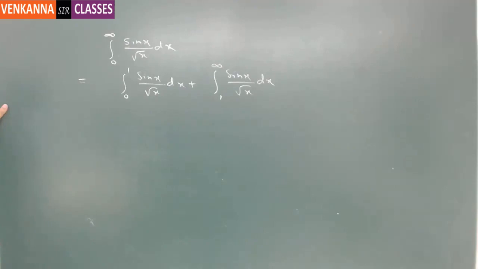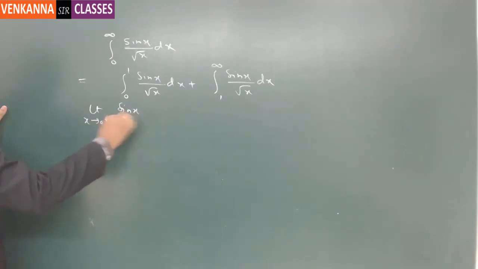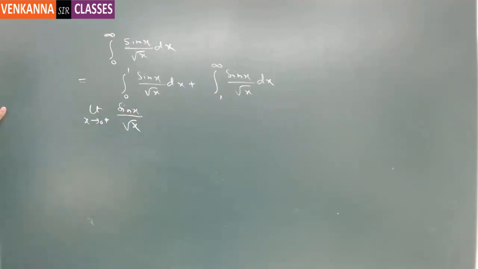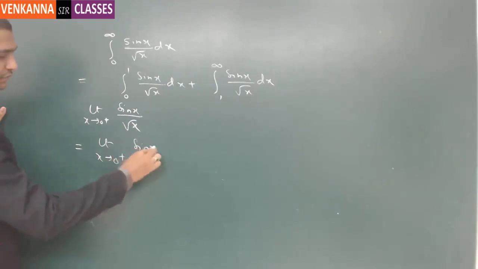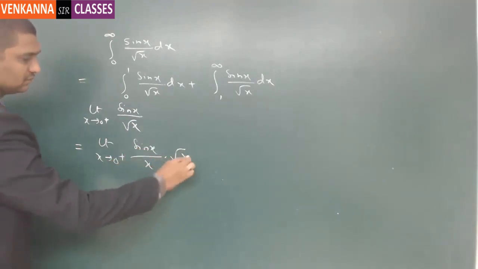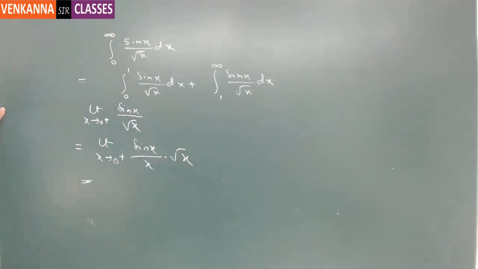So we are going to calculate limit x tends to 0 plus sin x by root x. So you are going to write it as multiply and divide with root x. So the value will be 0.